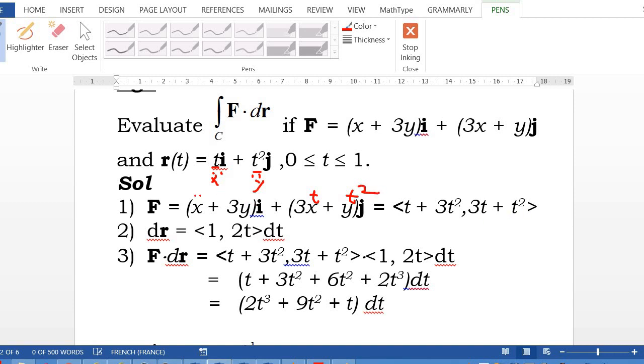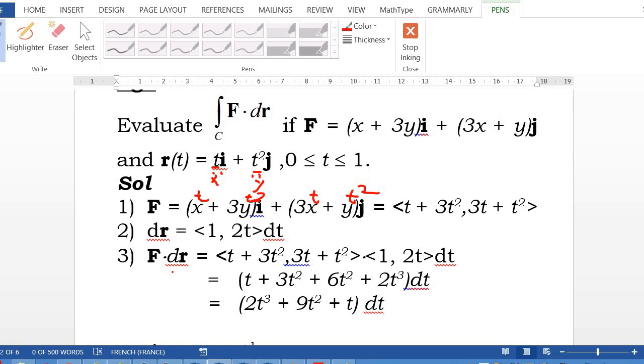So component i is t plus 3t squared, and component j is 3t plus t squared. From r(t), we find dr/dt, which is i plus 2t j, and bring the dt to the right side, so it becomes (i plus 2t j) dt.